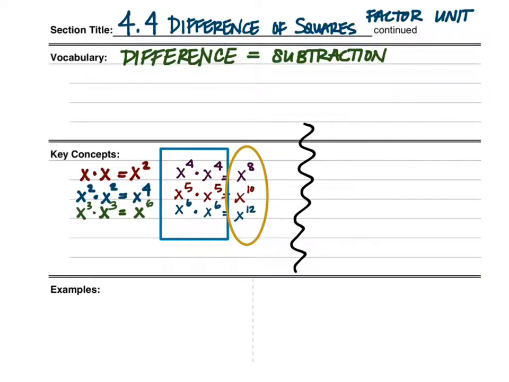And perhaps you've even noticed that, like in this case here, x to the fourth is a perfect square factor of x to the eighth, and it is also its own perfect square. So that is possible. Similarly, the reverse is also possible.